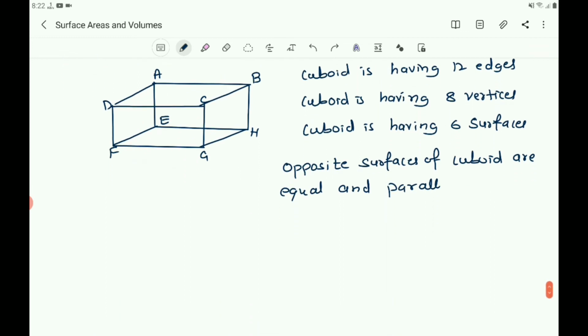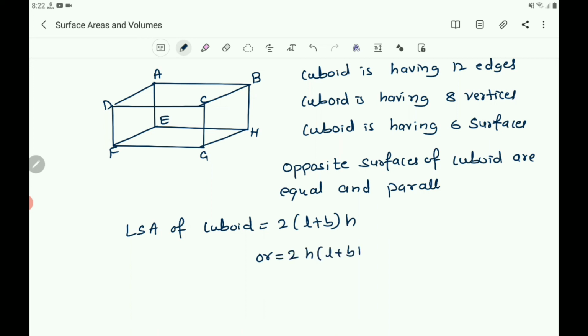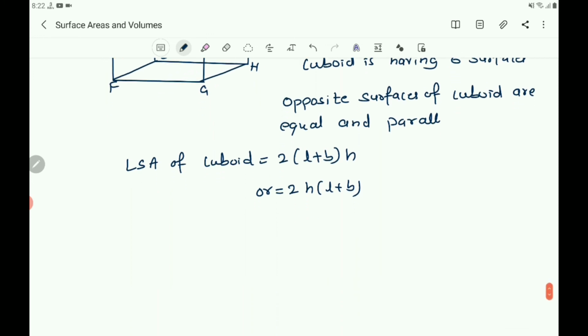And also, the lateral surface area of the cuboid, that is already discussed. LSA of cuboid equals what? 2 into L plus B into H, or you can write 2 into H into L plus B. Then what is the TSA of the cuboid?